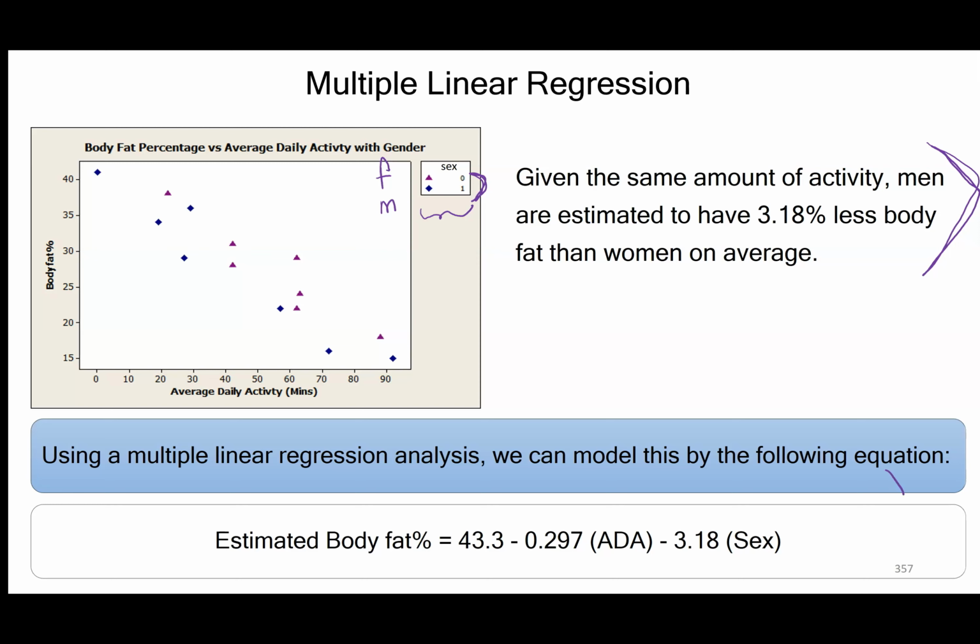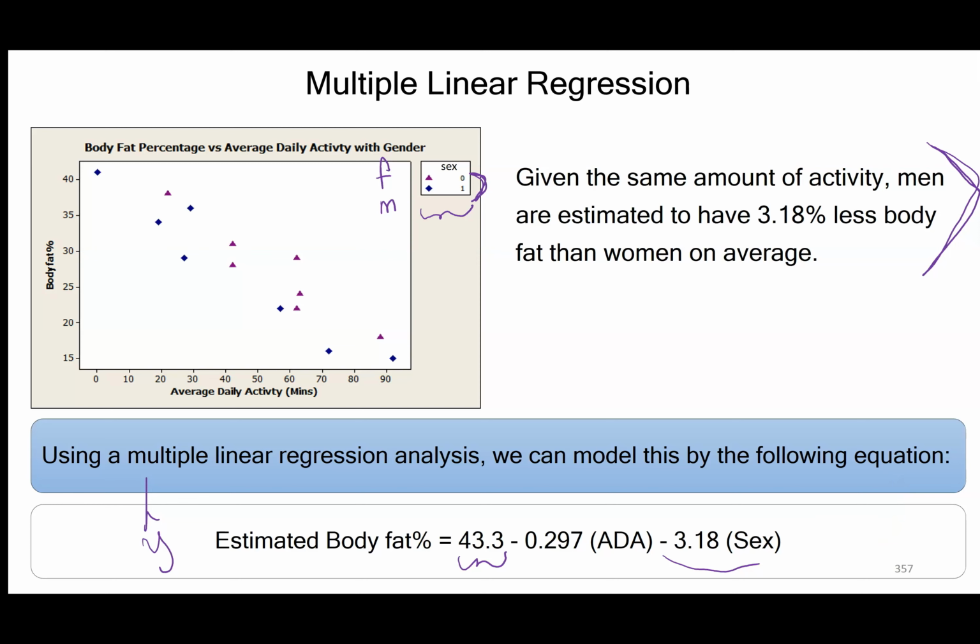So we have an updated model here. Estimated body fat, so this is still a y hat, is equal to, we still have a y-intercept estimate, minus 0.297 times the amount of daily activity, minus 3.18 times sex.